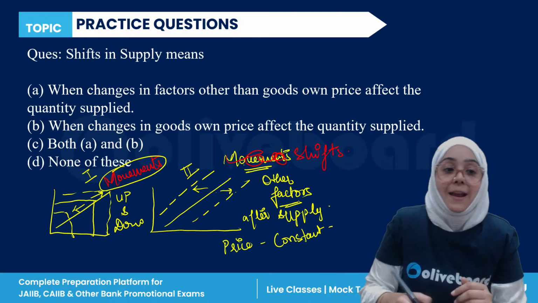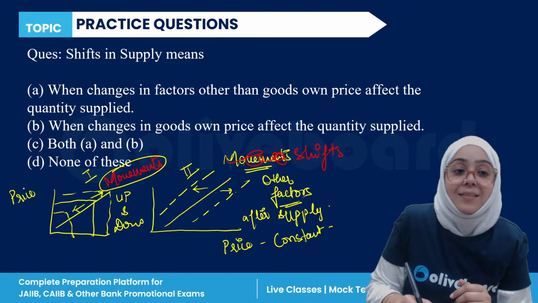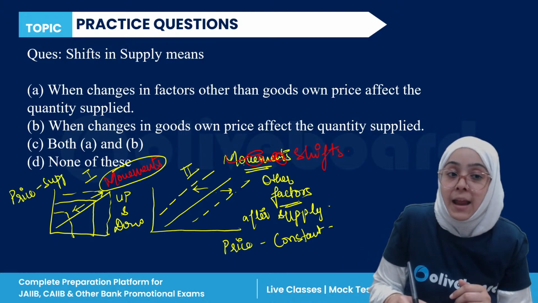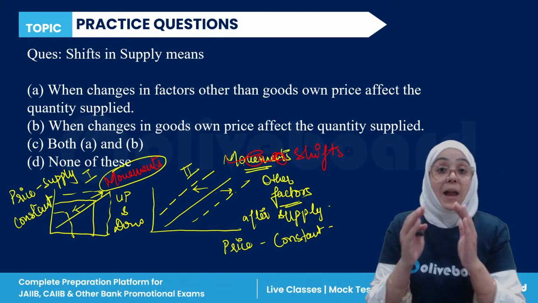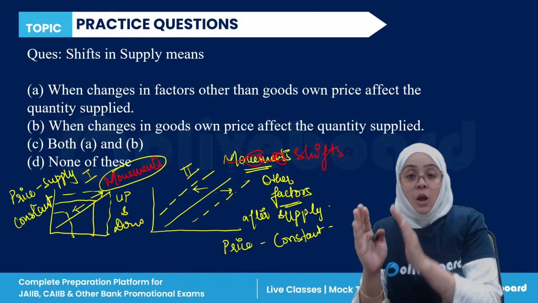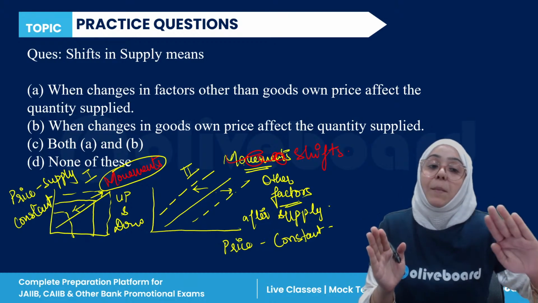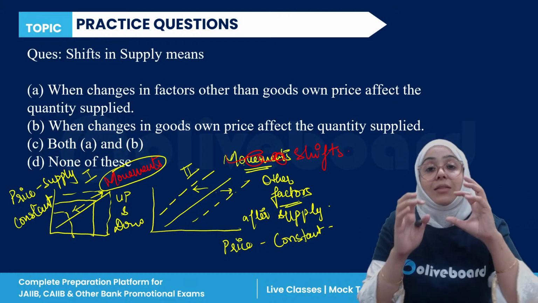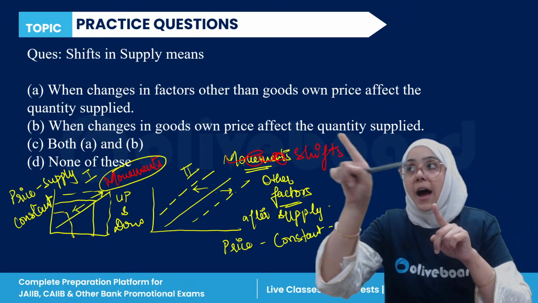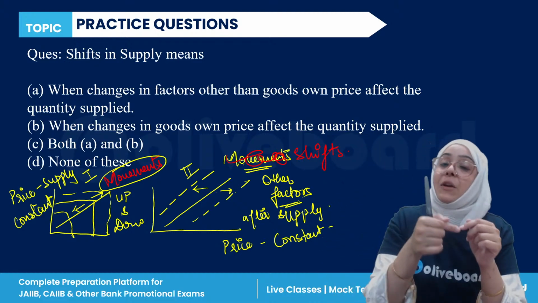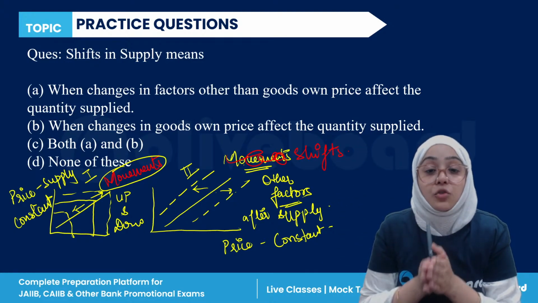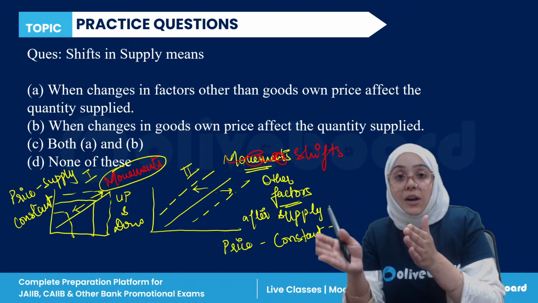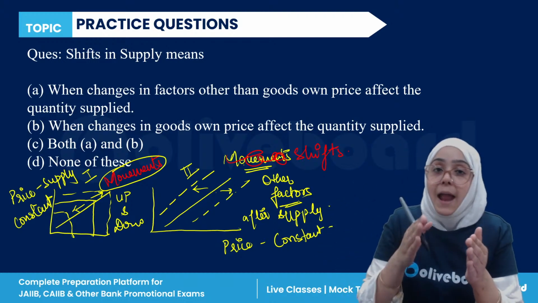It is only when the price has an effect over the supply and other factors remain constant. So when price is affecting the supply, while other factors remain constant, the supply curve either moves upward or downwards.